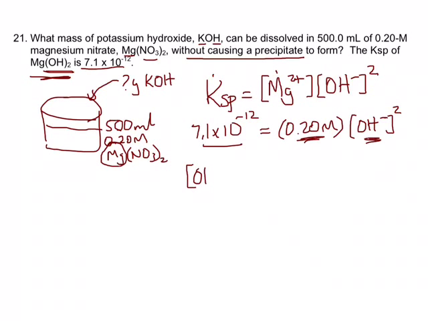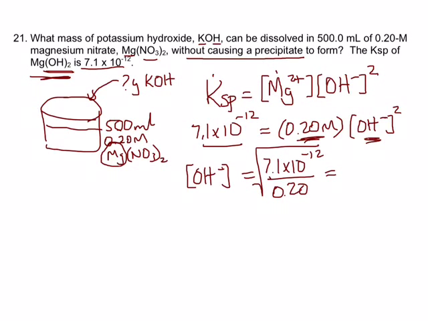The concentration of the hydroxide that you could have with 0.2 molar magnesium would be 7.1 times 10 to the minus 12 divided by 0.2 and then square rooted, right? We did the square root because the hydroxide was squared.